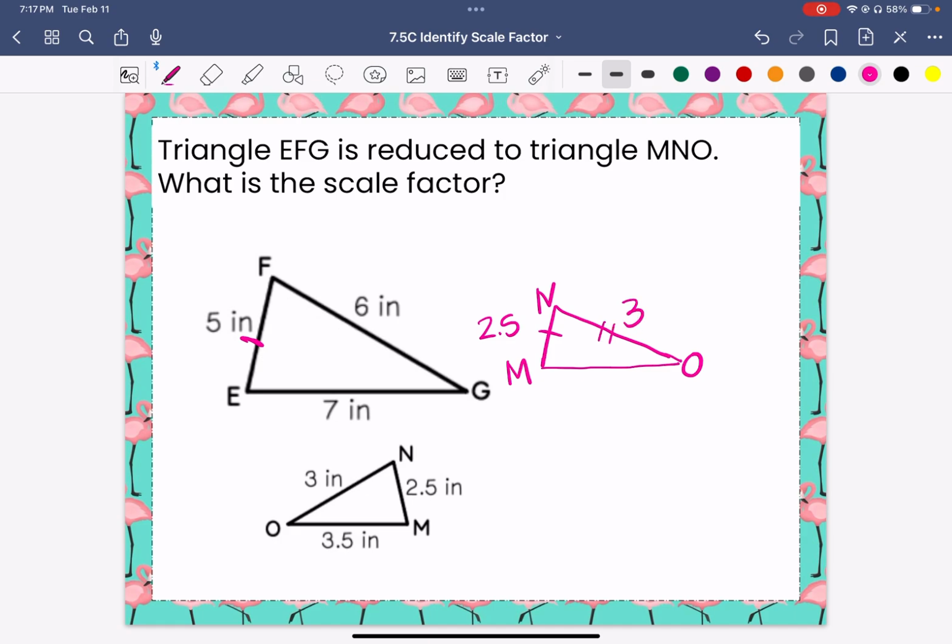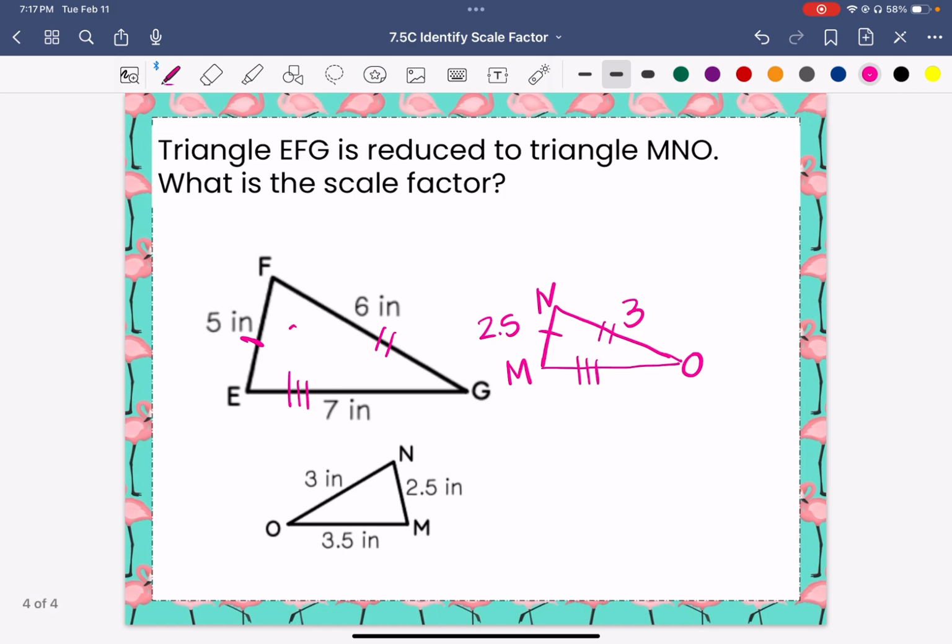And so NO corresponds to FG. And then the bottom, which is EG on the large triangle, actually corresponds to MO. Now, patty paper will make your life easier. There's no question about it. Some of us can see it without patty paper.